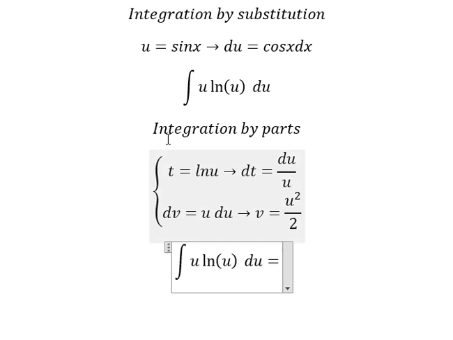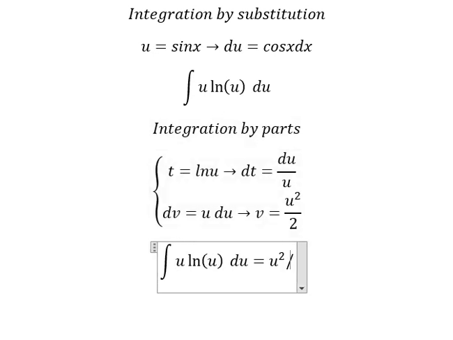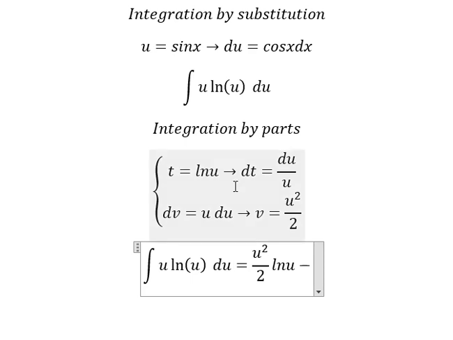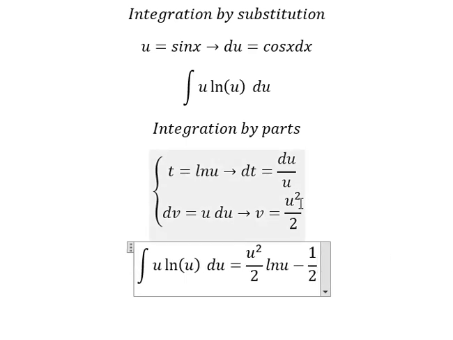So we have t multiplied by v, minus the integral of v multiplied by dt. So we have u squared divided by u, we have u.